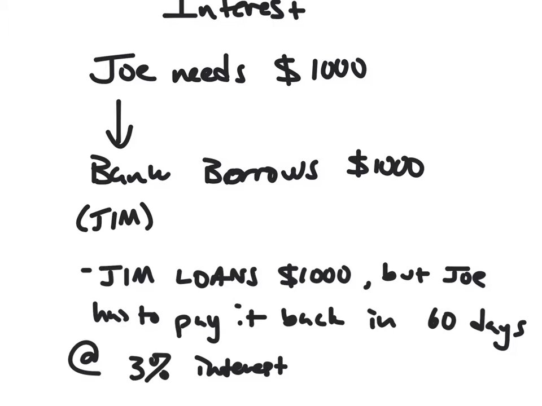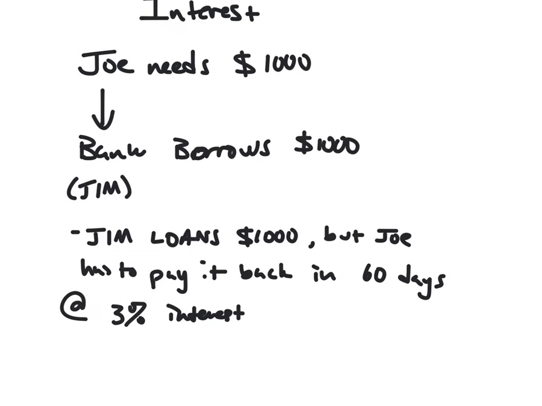This is how banks make money. So how much do I then owe Jim at the end of 60 days is the question.